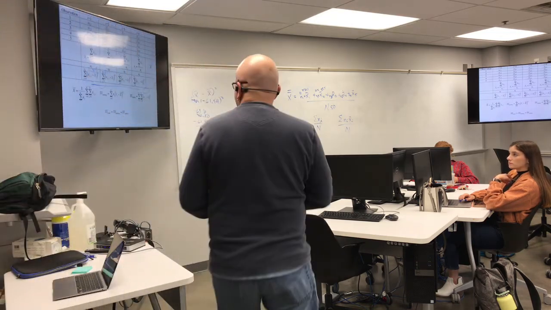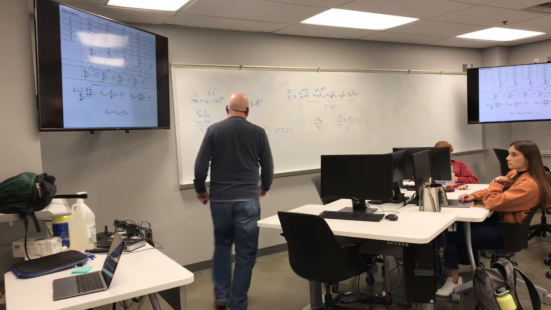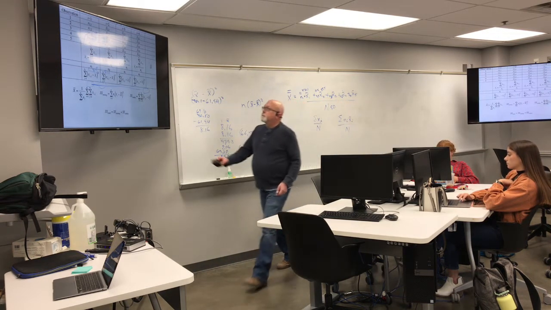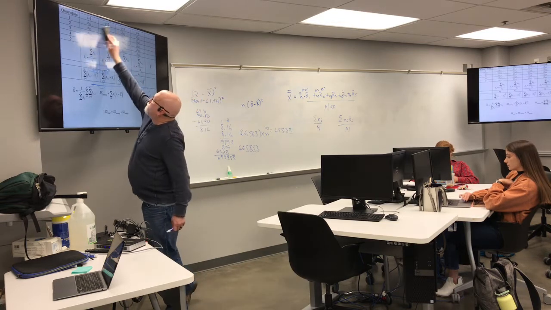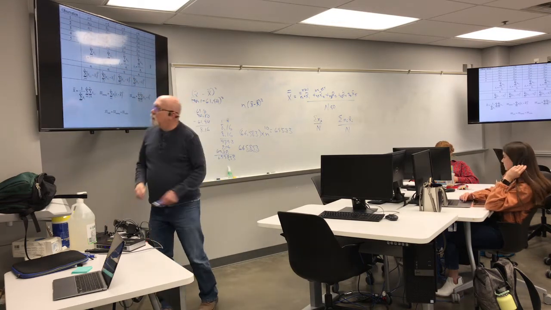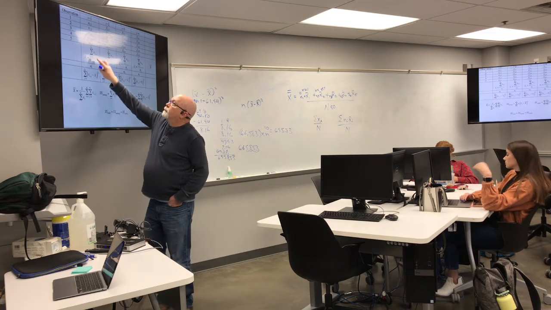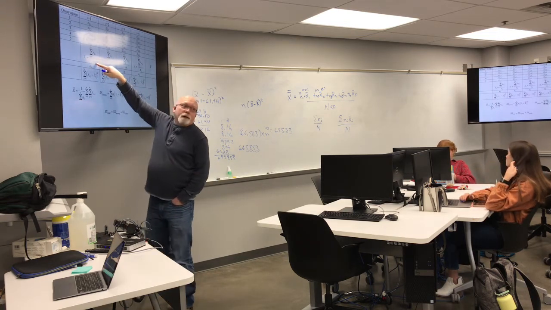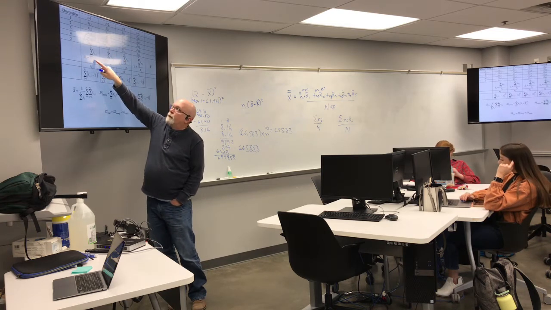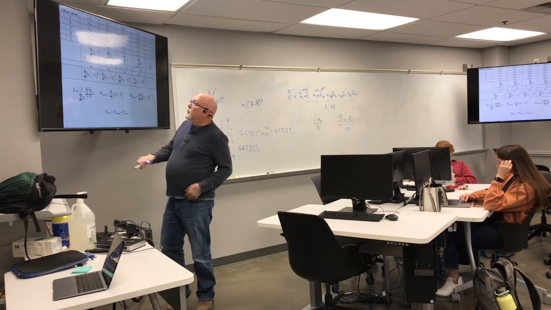All it's basically saying, well, and now it's hard to read because I've written all over the screen. The mean, add up all the x variables, divide by the number of variables that you have. All the x values, divide by the number of values that you have.